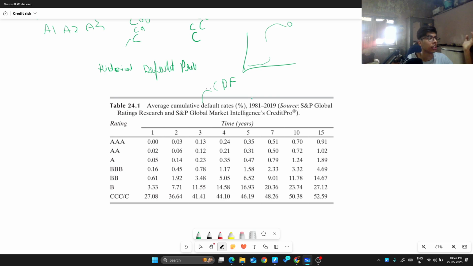It is the probability of default up to each year, till 15 years. Let's say there is a triple B bond, and we want to find the probability of default. In the first year it would be 0.16%. This is built with historical data.